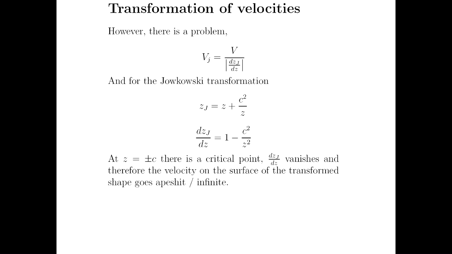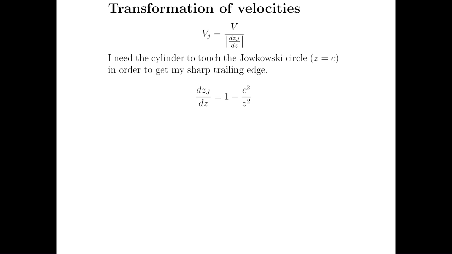Right, exactly. So what's the problem with that? When z equals plus or minus c, this term goes to 0, right? And what happens to your velocity in the transform plane? It goes infinite, right? So that's not good.